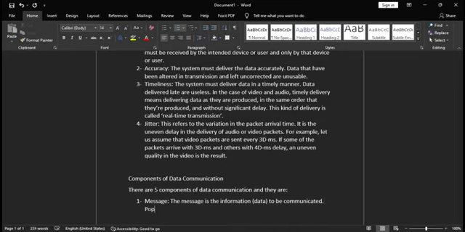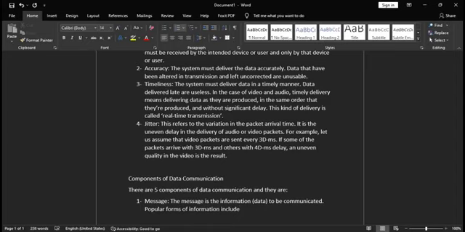Popular forms of information, that is, popular forms of data, popular forms of information. Okay, they are used interchangeably sometimes.